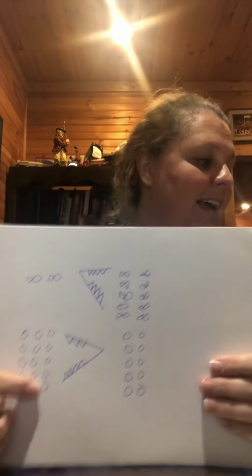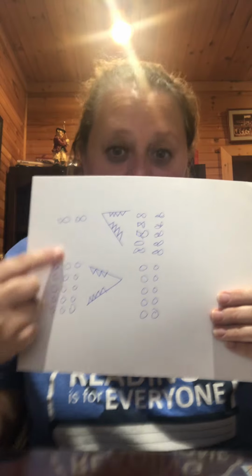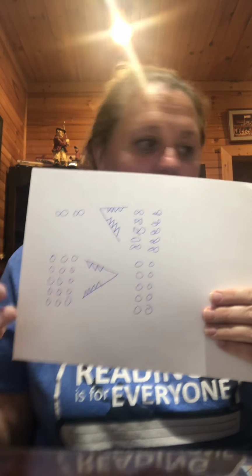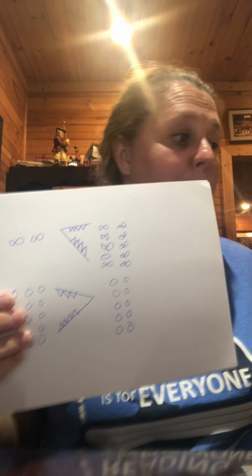So I'm going to draw it this way. Draw my alligator. Look when I compare them. So he's eating the more fish, so 15 is greater than 10. So this is less than, this is greater than. It's so important that you remember the alligator always eats the big fish, right?